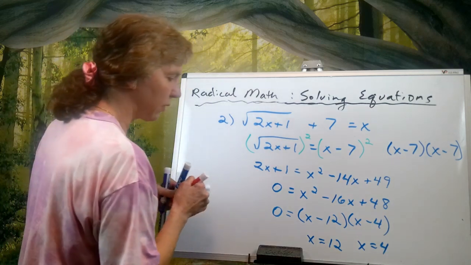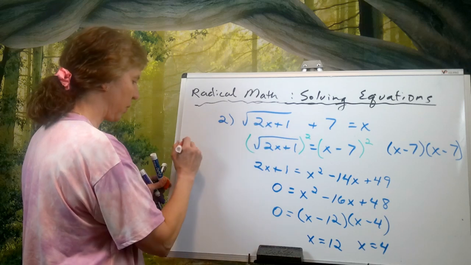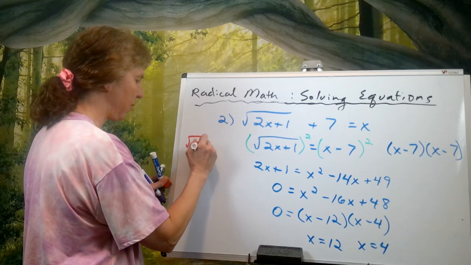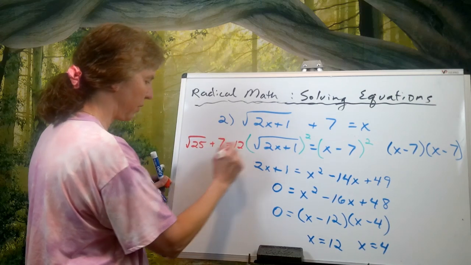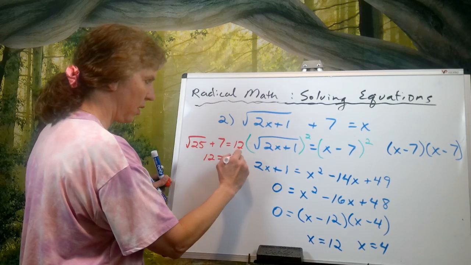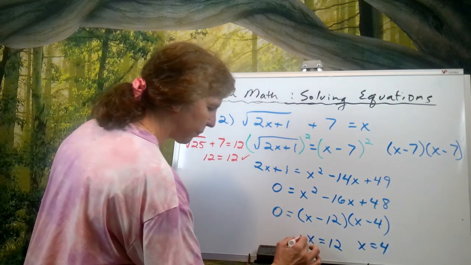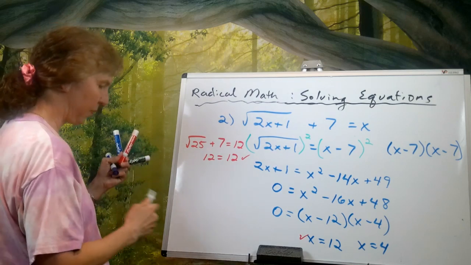So I'm going to use the 12 first. 2 times 12 is 24, plus 1 is the square root of 25, plus 7 equals 12. So 5 plus 7 is 12, and that one's fine. Okay, and I'm going to check the 4 as well.